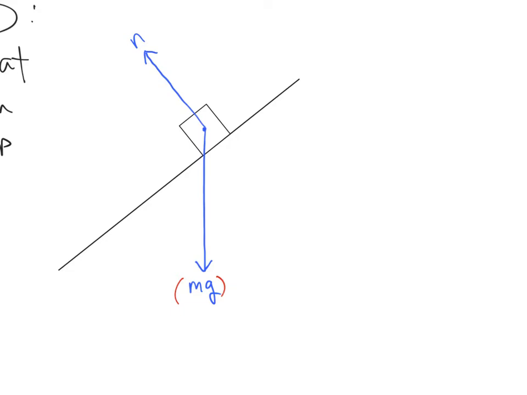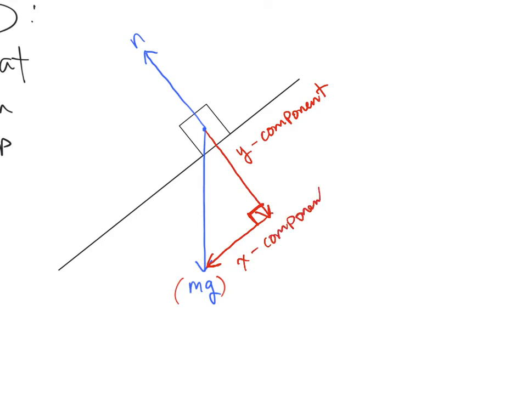I could think of this arrow here, the arrow for gravity, as the hypotenuse of a triangle, where there's a piece of gravity acting perpendicular to the ramp like this, and a component of gravity acting parallel to the ramp. So this is the perpendicular component, and I might choose to call this, if I like, the y component, or perpendicular component. And then here's another component, parallel to the ramp, which is the x component.